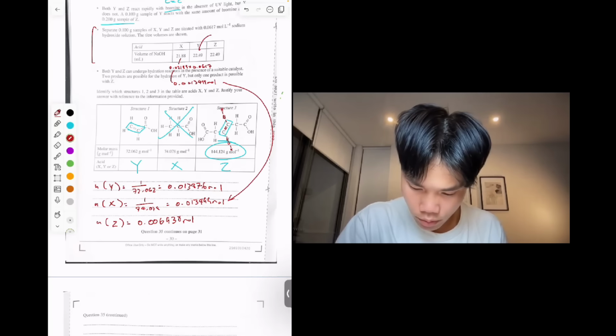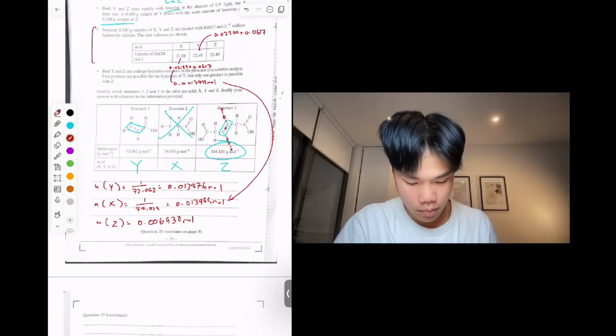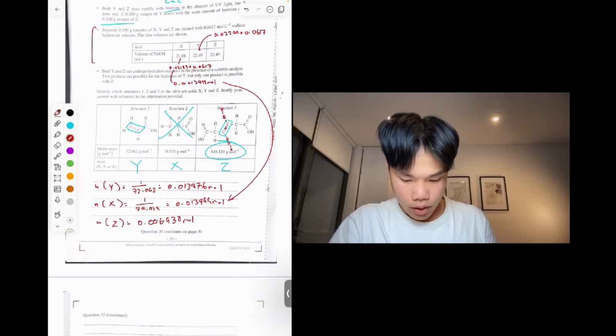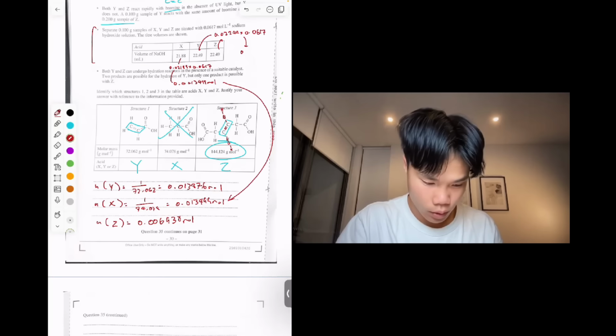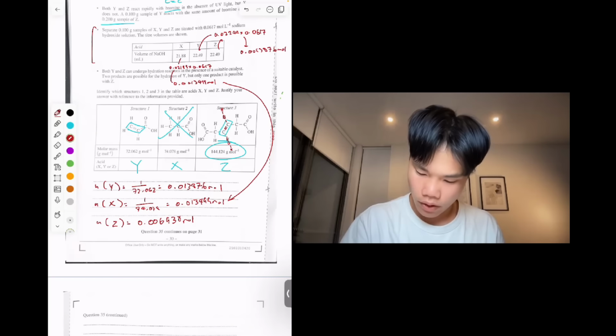For Y, it would be 0.02249 times 0.0617, which is exactly the same as Z, by the way. So I'll just put two arrows. 0.02249 times 0.0617 is equal to 0.0013876 moles of hydroxide.